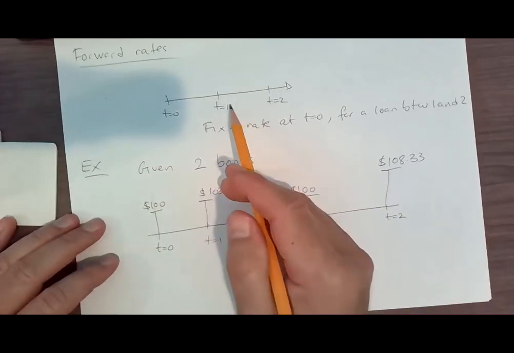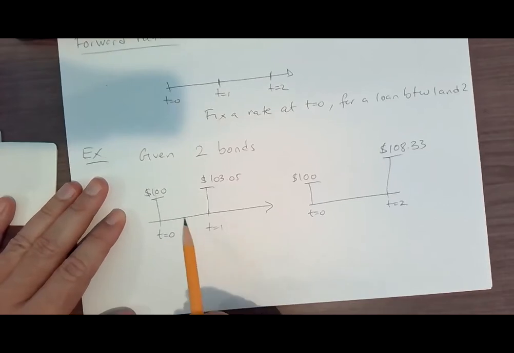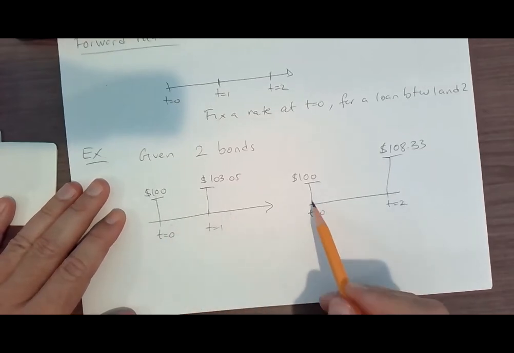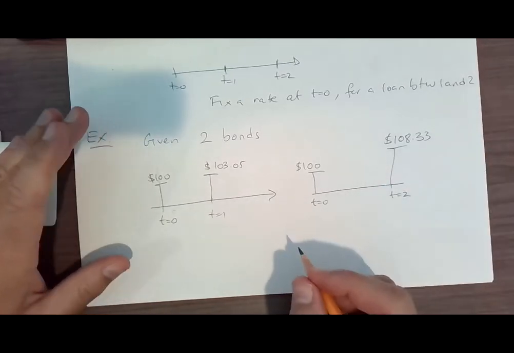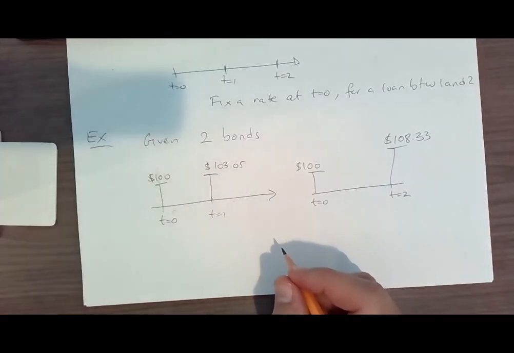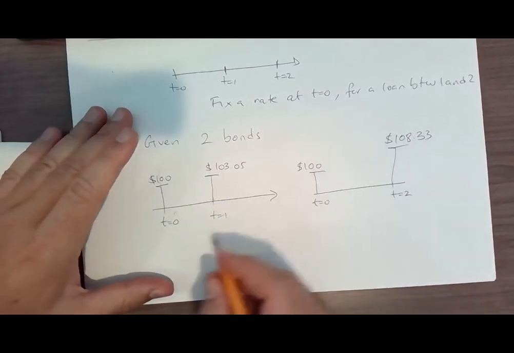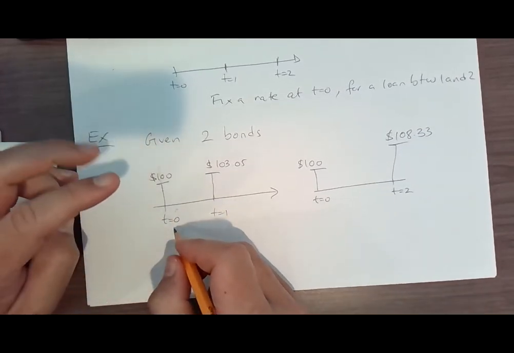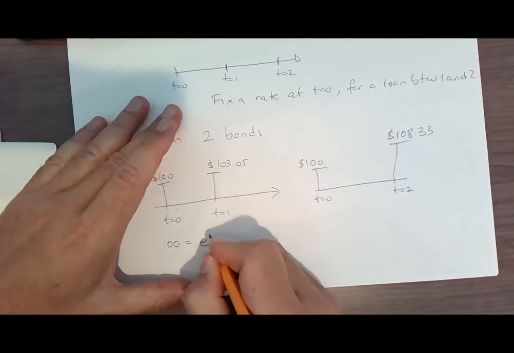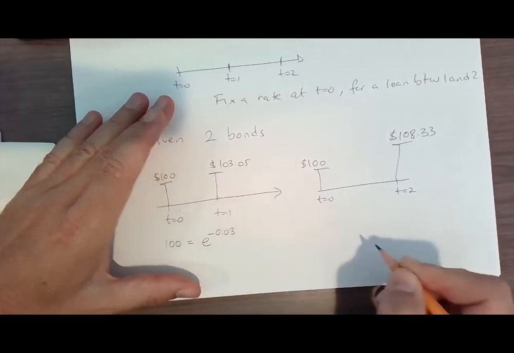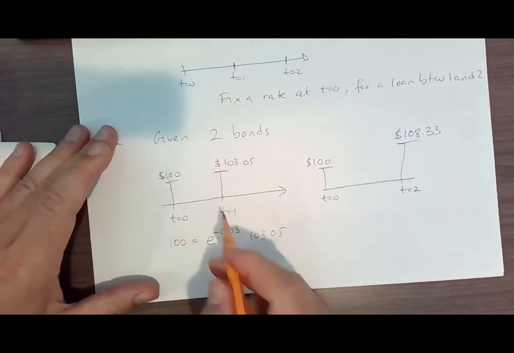So the way to get the forward rate that works from time 1 to time 2, when you know the rates from time 0 to time 1 and from time 0 to time 2, is simply to compare. First figure out what these two rates are. 100 equals e to the minus 0.03 times 103.05, so the interest rate that works here is 3%.